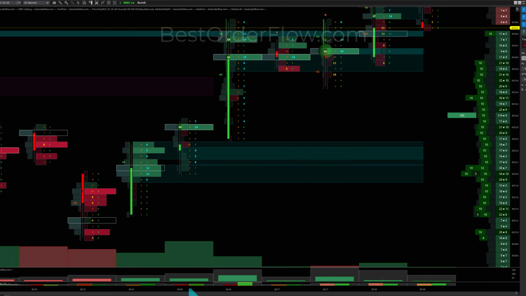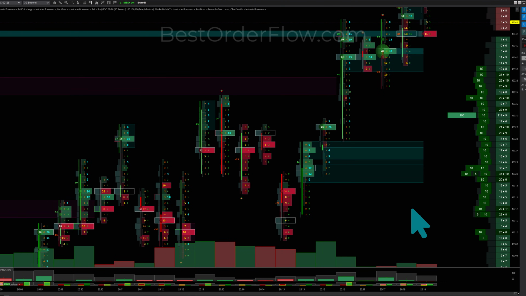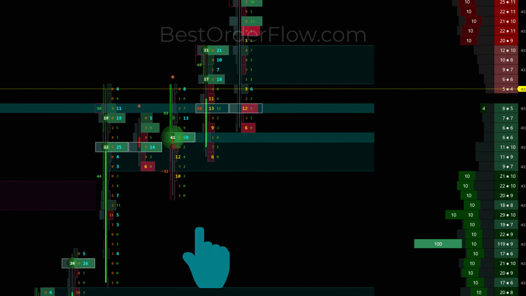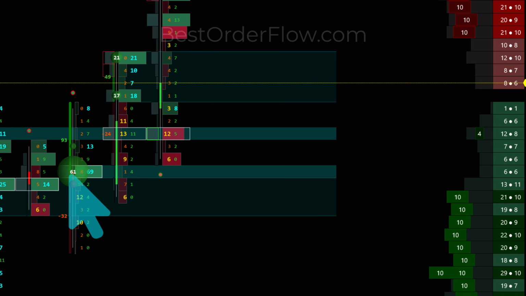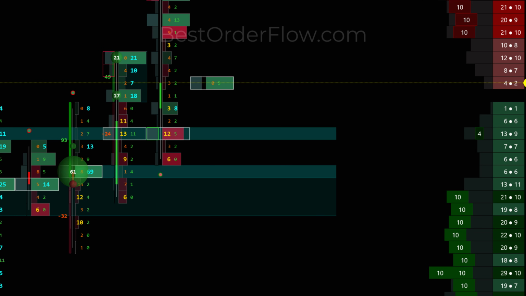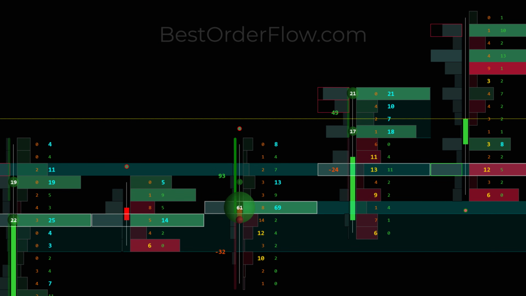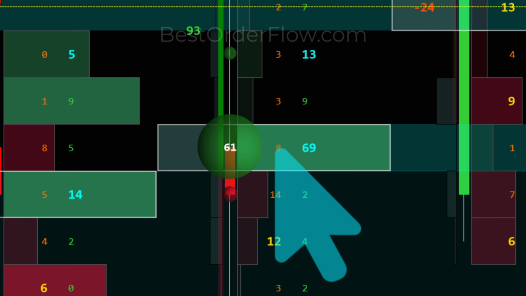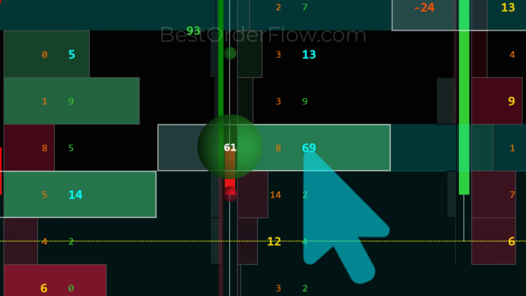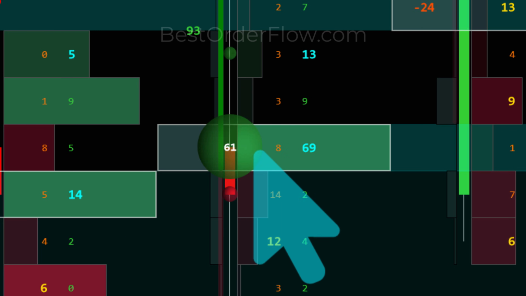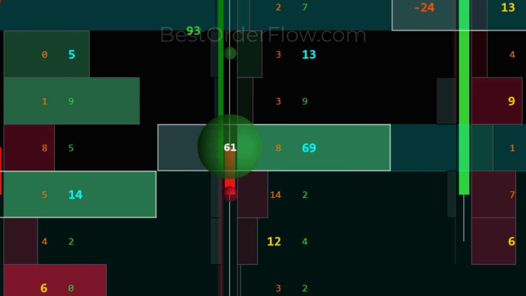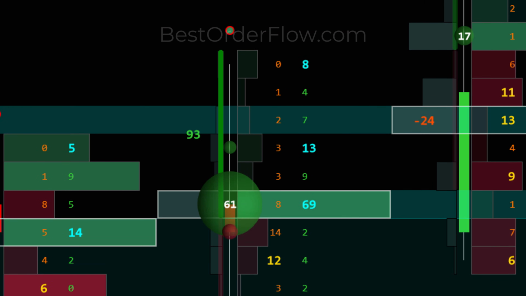That is the difference between three big trades indicators that people in the community are not always aware of. Like this bubble is 61. Easy to see. If I make it larger, I see 69 on the buying side, 8 on the seller side. 69 minus 8 is 61. This is the 61 bubble. So that is the big trade.